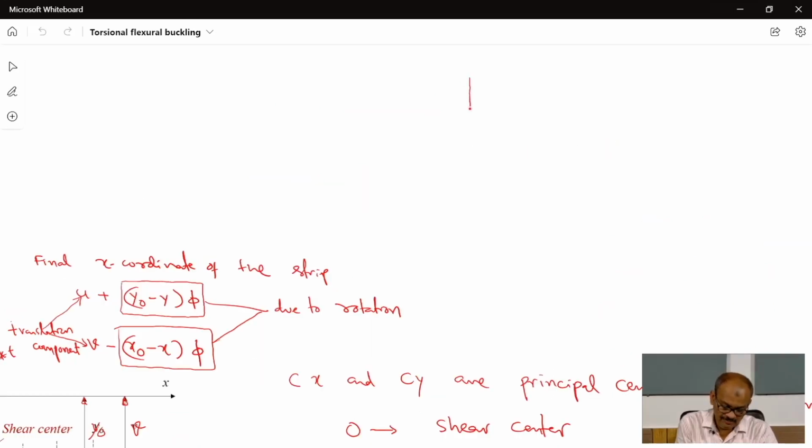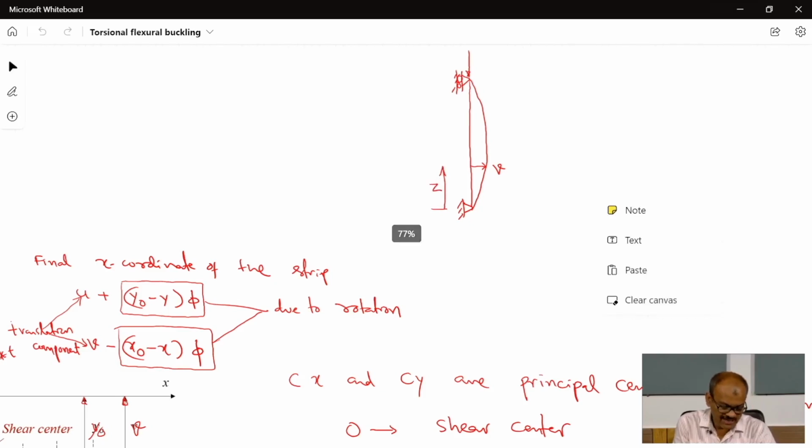If a column is subjected to axial load and if there is transverse displacement v at a distance, let it be at distance z, then we write the governing differential equation as EI d to the power 4 v by dz to the power 4 plus P into d square v by dz square is equal to q.